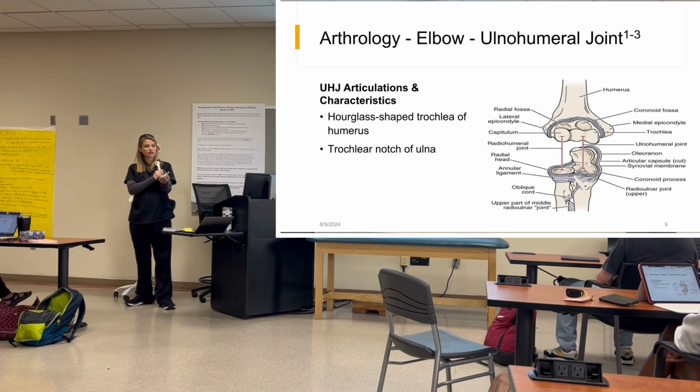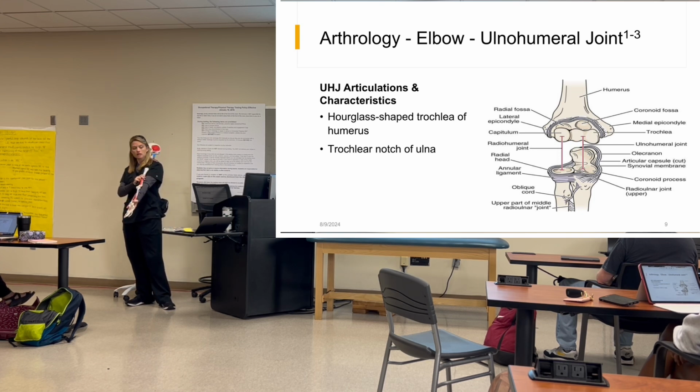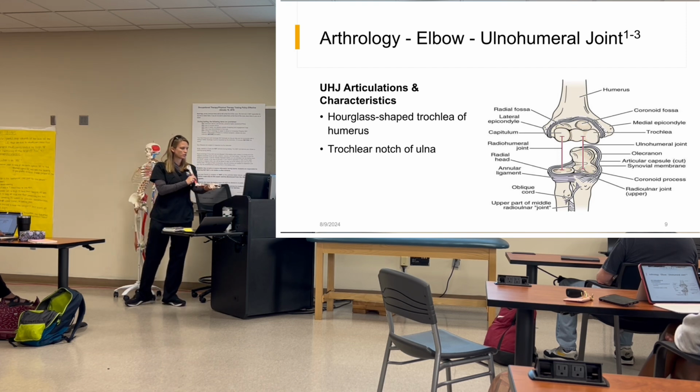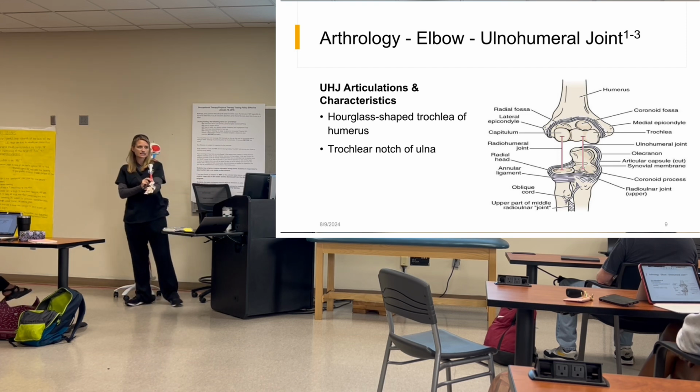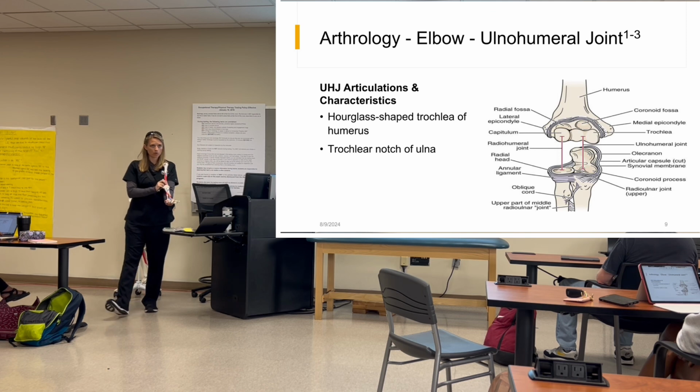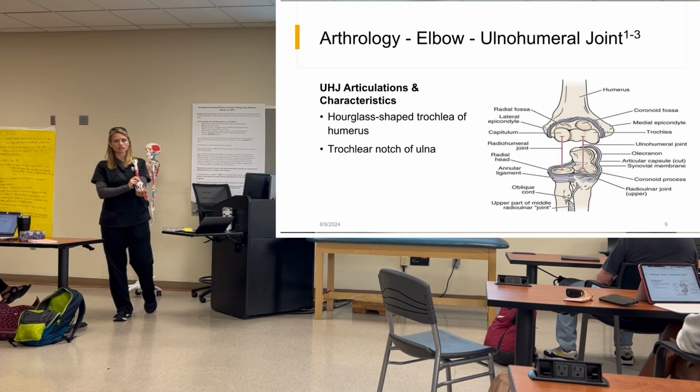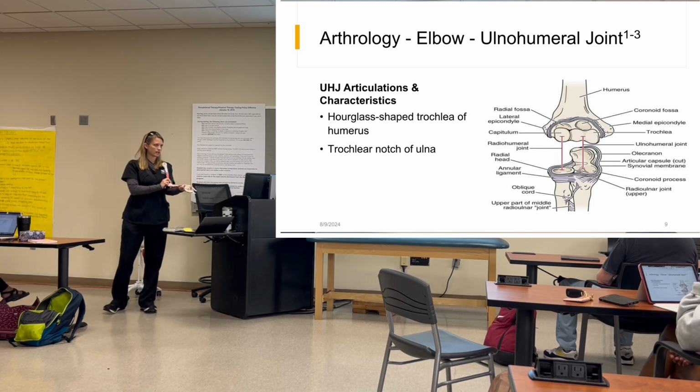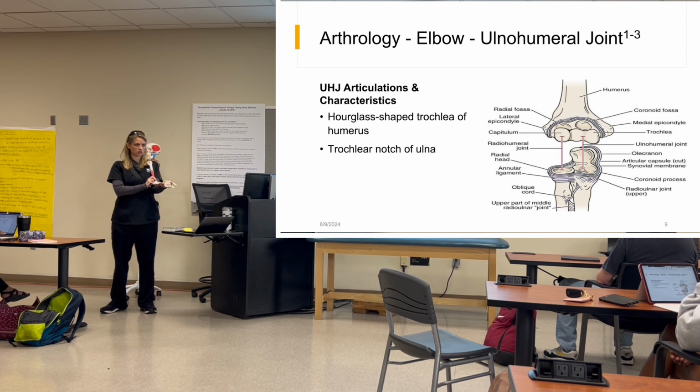Who can tell me about extension? Posterior roll, posterior glide. Okay, so thankfully, humeroulnar and ulnohumeral, it's the same mechanics happening there because they're both a concave on a convex in an open kinetic chain. Okay, in an open chain position.